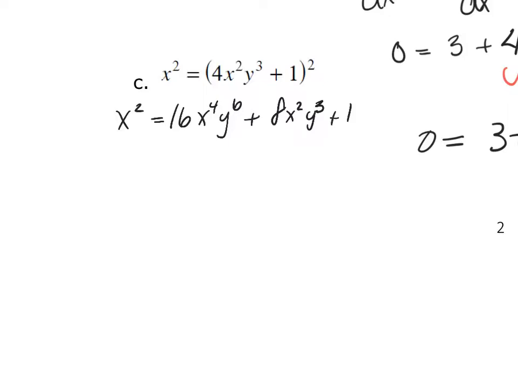I'm doing the derivative with respect to x everywhere. So the derivative of the left-hand side is just going to be 2x. On the other side, I'm going to do first the derivative of 16x to the 4th. So that's going to be 16, and then multiplied by 4, because that's the power on x. x drops a power, y to the 6th. And then plus 16, now I'm just working the first term on the right-hand side.